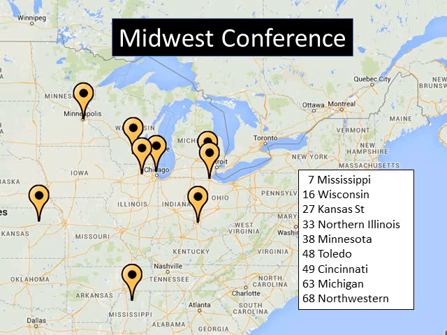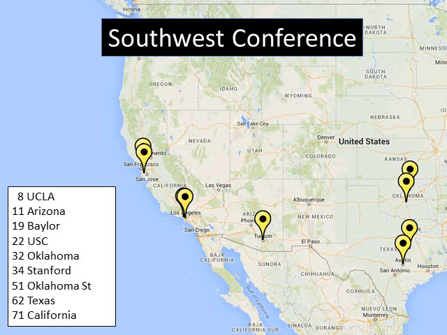So here's the Midwest Conference, led by Mississippi, which you might not think of as a Midwest college, but we have to put them in there in order to balance out the schedules. And then the Southwest Conference has teams from both California and Texas, Oklahoma, separated by the Rockies. They have a pretty long travel distance, but that's just the way it works out.